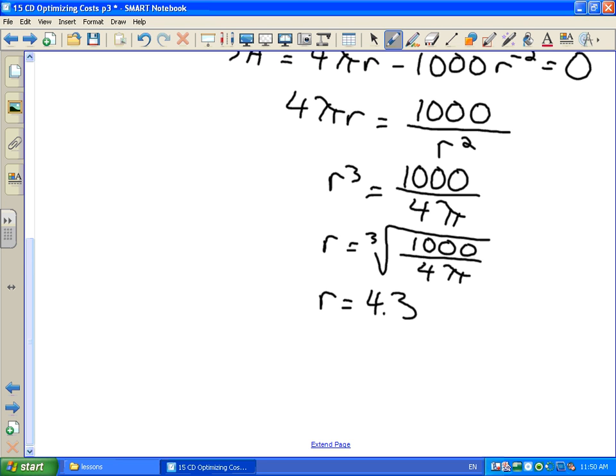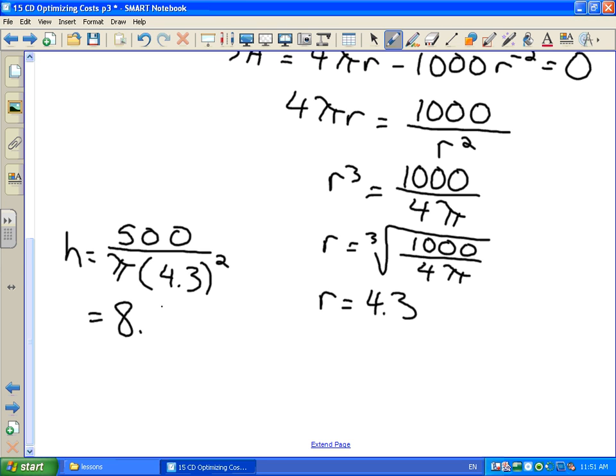We're just going to skip that step here in the interest of time, and then go back to our height formula. Height is 500 divided by pi r squared. So we'll sub in 4.3, work all this out, and we get that our height is going to be 8.6. So what do we notice about our height and our radius?